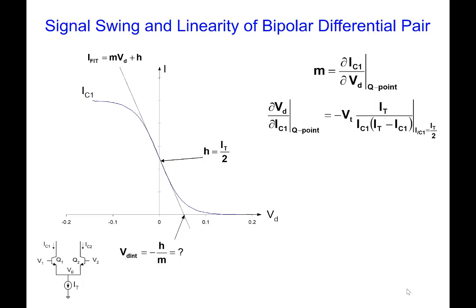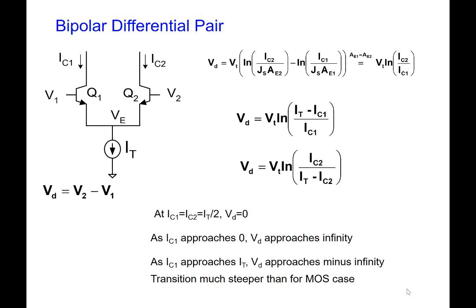So let's see. I don't have the expression for IC here. Can we go back and get the expression for IC? So I don't have an explicit expression for IC, but I can take the partial of VD with respect to IC1. That is equal to VT times the reciprocal of this times the derivative of this with respect to IC1.